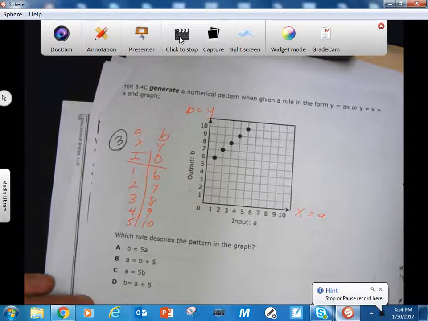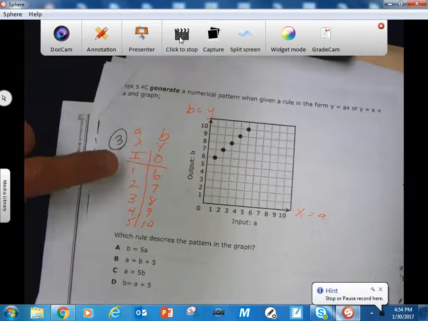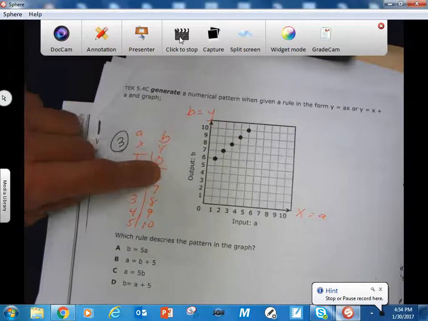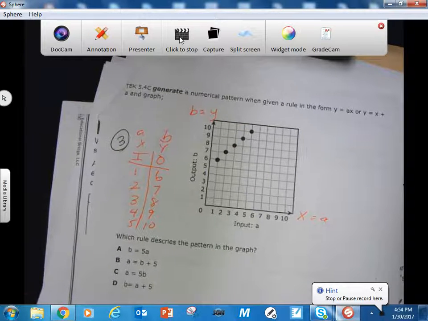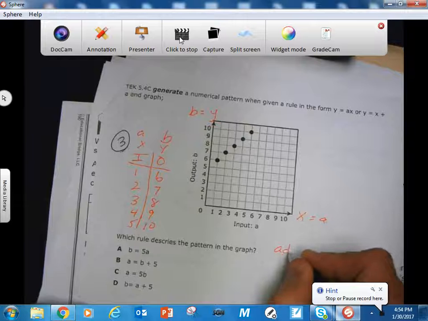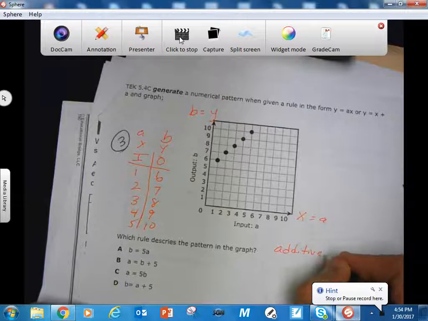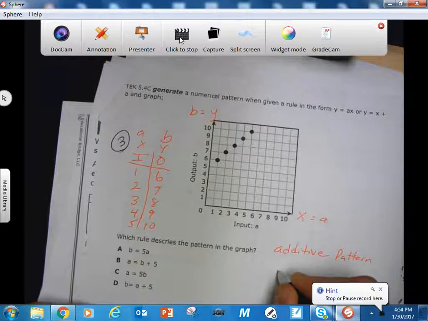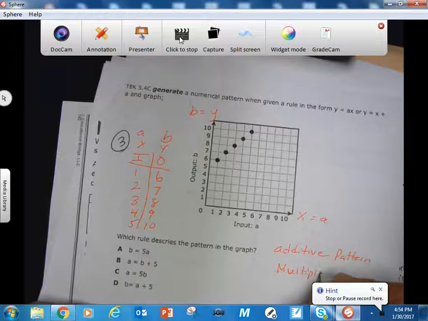So we ask ourselves, how are we getting from our input to our output? What is the pattern? Is it an additive pattern or a multiplicative pattern?